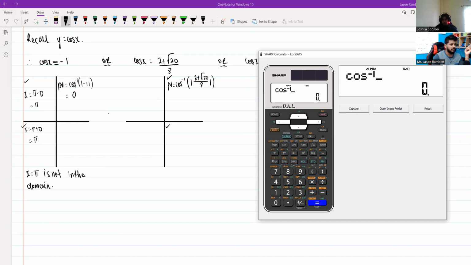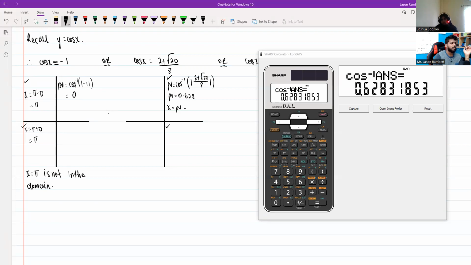Cos inverse of that, remember your calculator had to be in radians, is 0.628. So x, the principal value in quadrant 1, is equal to 0.628.